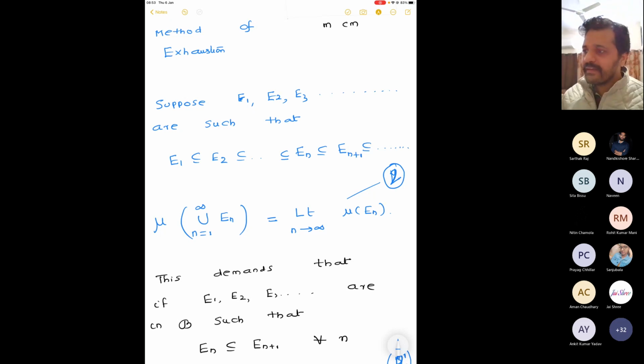Are you with me? Yes, sir. See, instead of finding area by inscribing with the polygon, what you can do is put this circle inside a bigger polygon and make those polygons smaller and smaller. It's just the dual of what you have done.